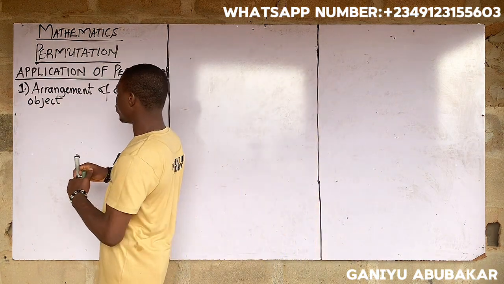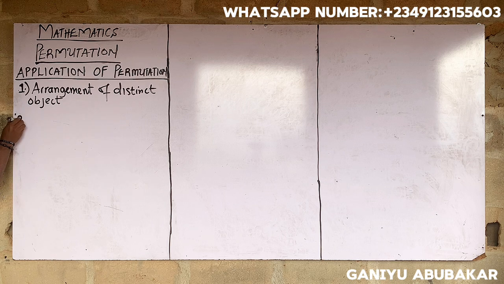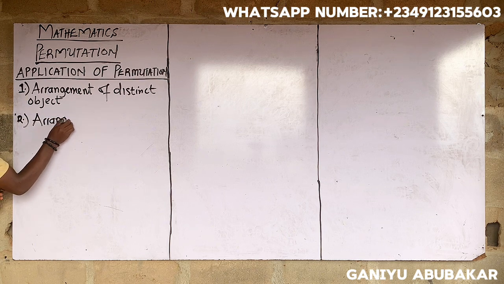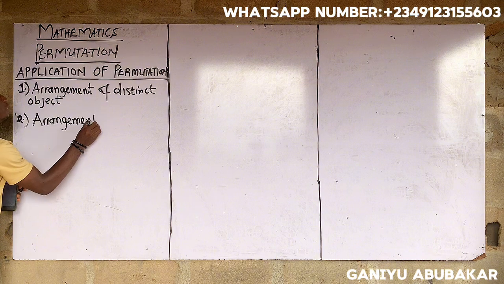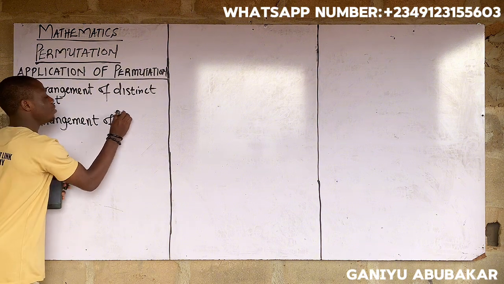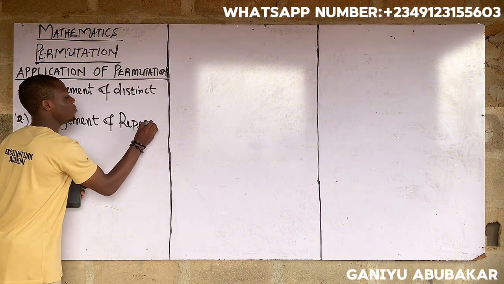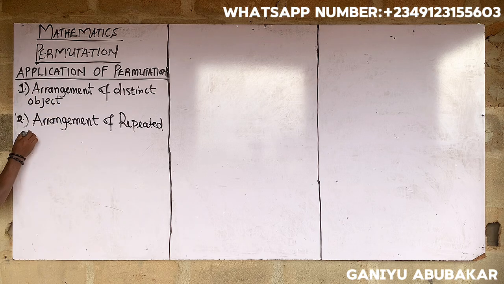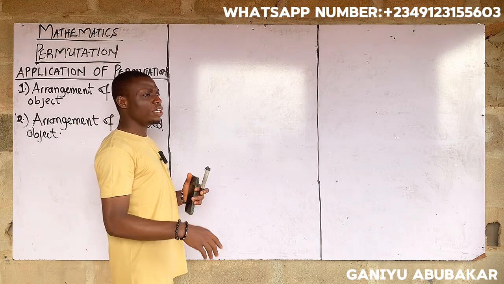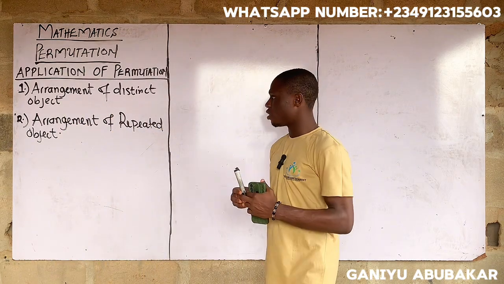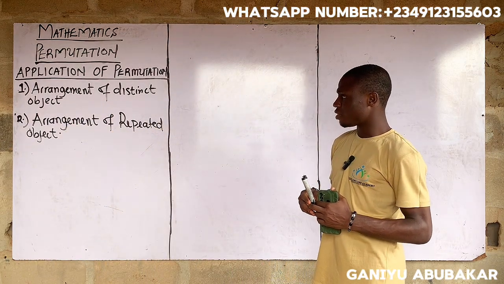The second application, number two, is simply the arrangement of repeated objects. So the second application of permutation is simply the arrangement of repeated objects.